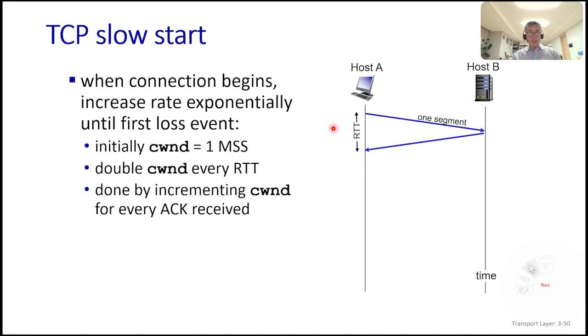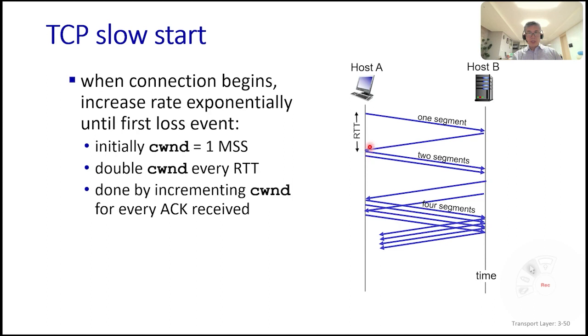After one round trip time, if that one segment is acknowledged, two segments are delivered. Then after one round trip time, 4 segments, then 8, which means it increases exponentially: 1, 2, 4, 8. CWND increases for every acknowledgment received, so eventually CWND increases exponentially.